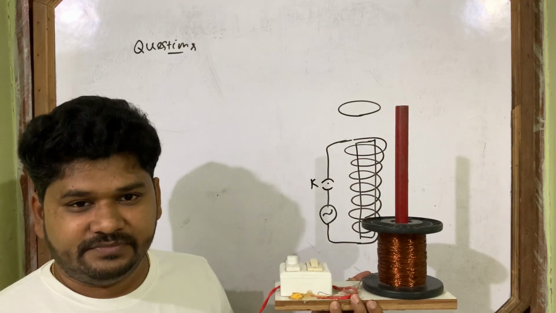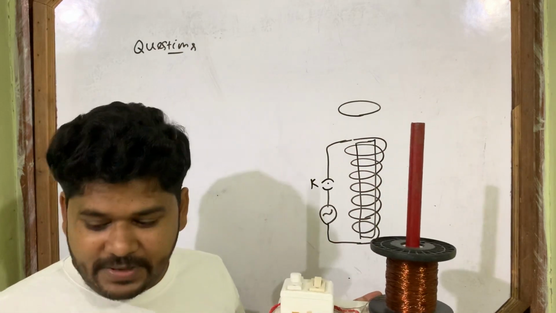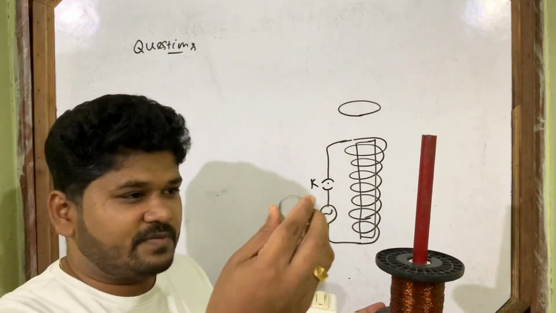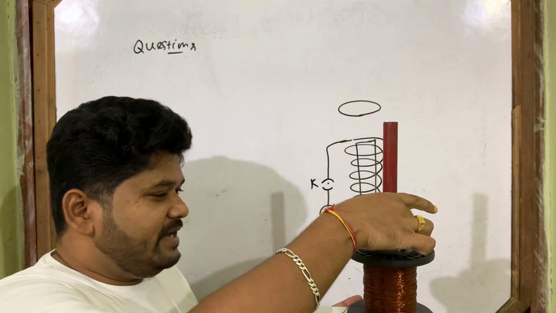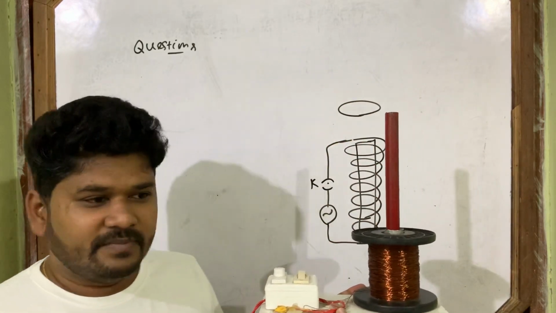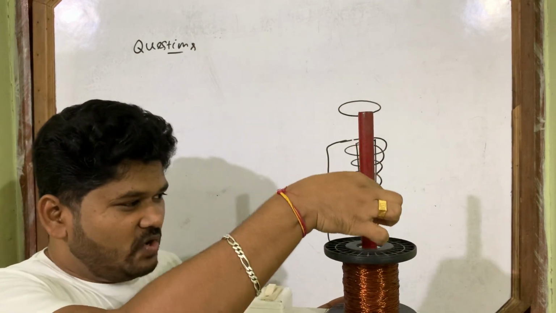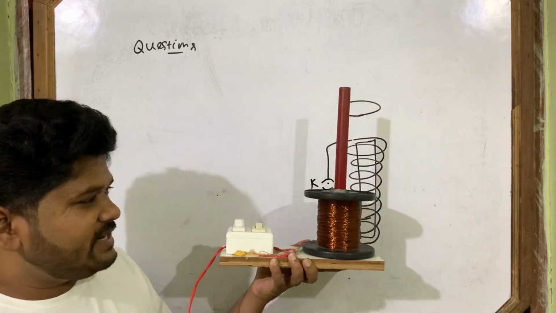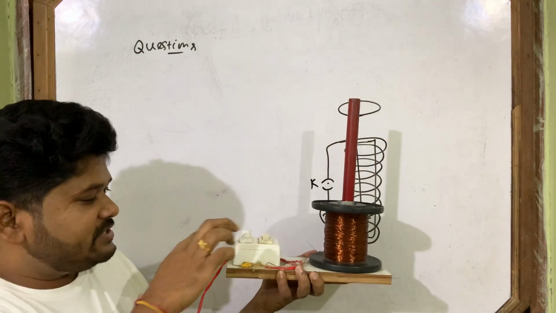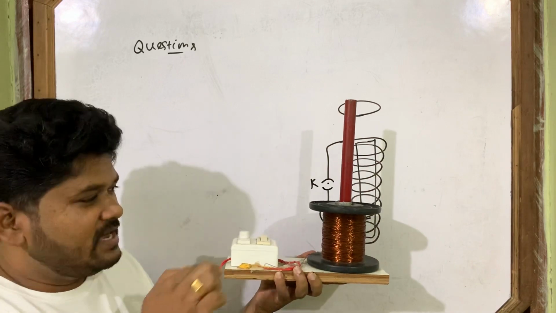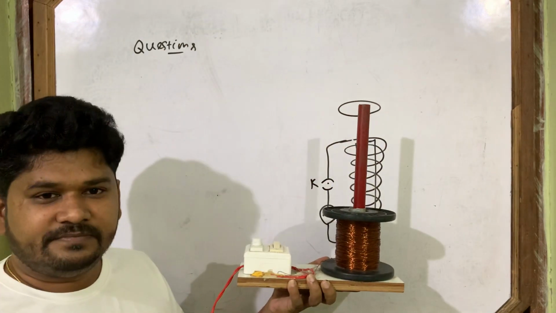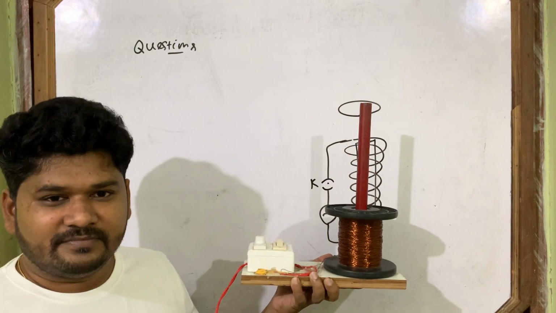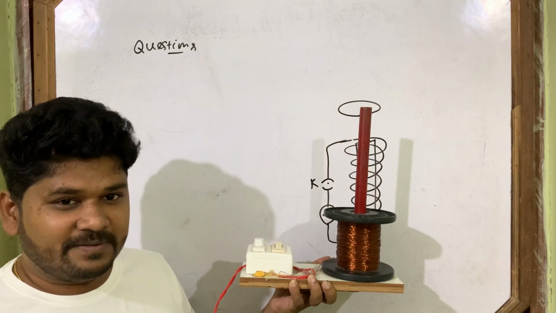But now you see, I keep one very light metal ring on the coil. When I do the switch on, immediately current passes and this ring jumps. Now you can see it, how the ring is jumping.